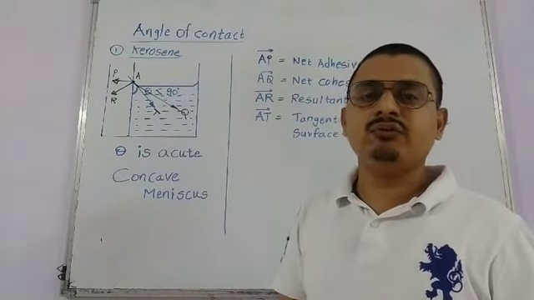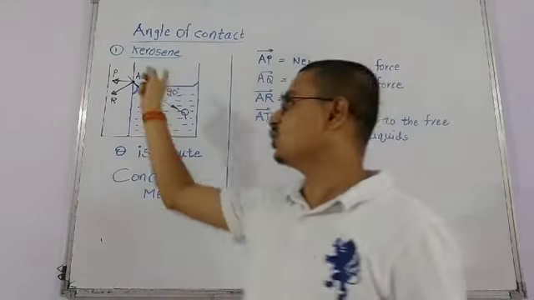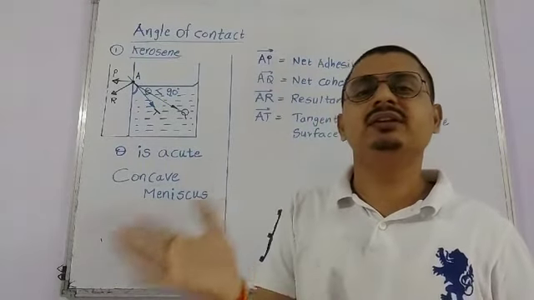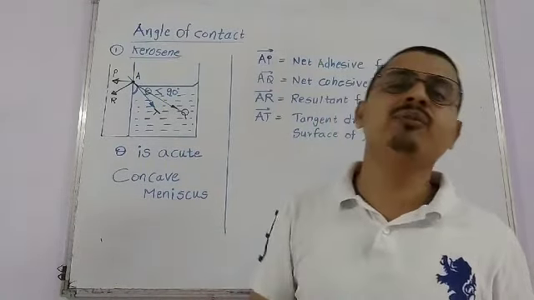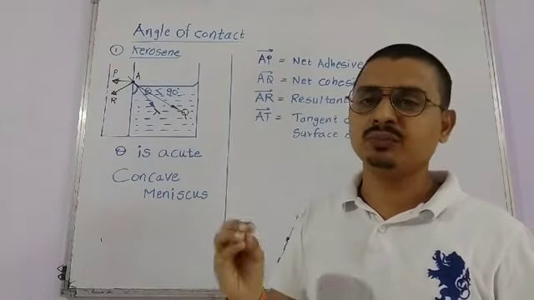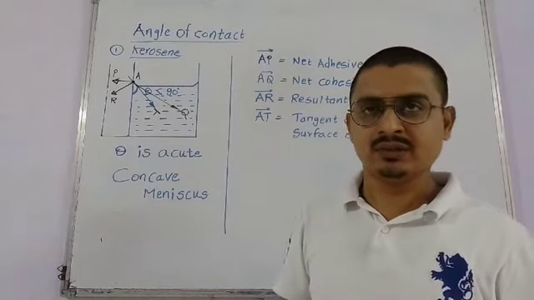Now the resultant force will be inside the solid क्योंकि the net adhesive force between the liquid molecule and the solid molecule is greater than the net cohesive force between the liquid molecules.